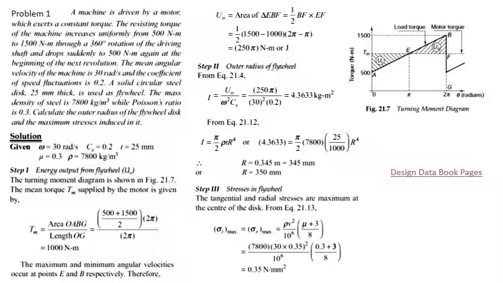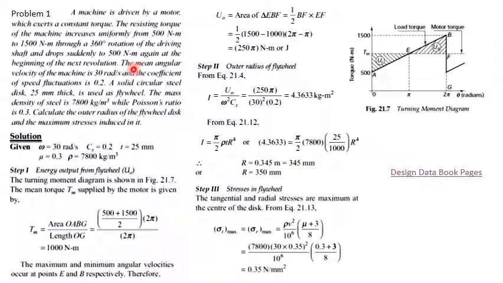Now in this problem number 1, we have been given that a machine is driven by a motor which exerts a constant torque. The resisting torque of the machine increases uniformly from 500 Newton meter to 1500 Newton meter through a 360-degree rotation of driving shaft, and drops suddenly to 500 Newton meter again at the beginning of the next revolution.